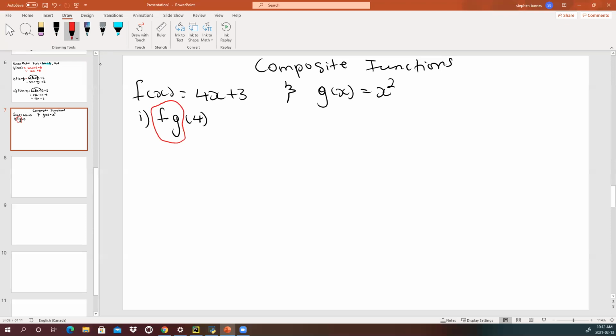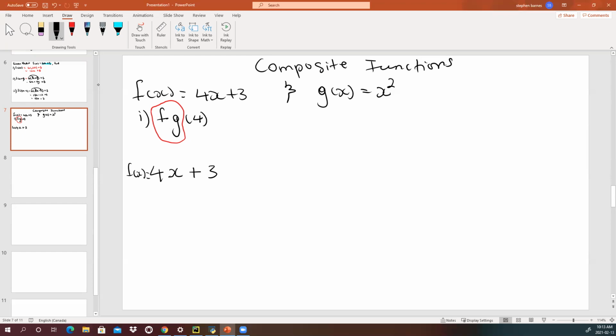So how do you do that now? First, you put down your f function, because you have the f function out here. So my f function is 4x plus 3. And then I'm going to put my g function into my f function. Everybody seeing that? That's what f of g means. You have f of x here, and you're being asked to put g into this f function.